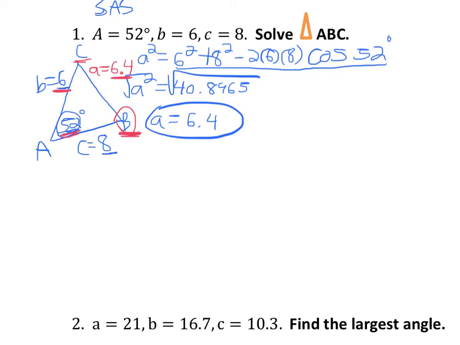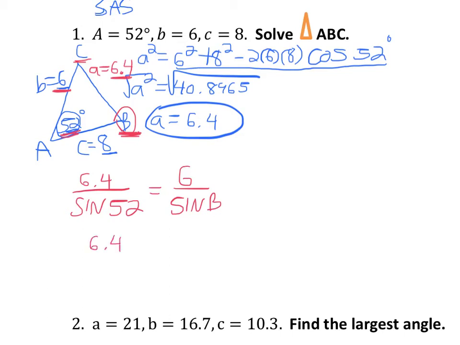So what I have now are the a's: 6.4 over the sine of A, which is 52 degrees, equals, with little b being 6, 6 over the sine of B. When you cross multiply, you get 6.4 times the sine of B equals 6 times the sine of 52.